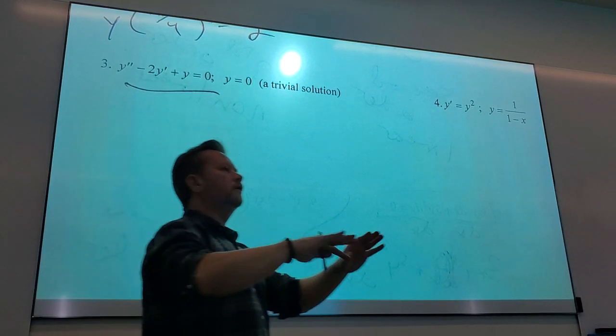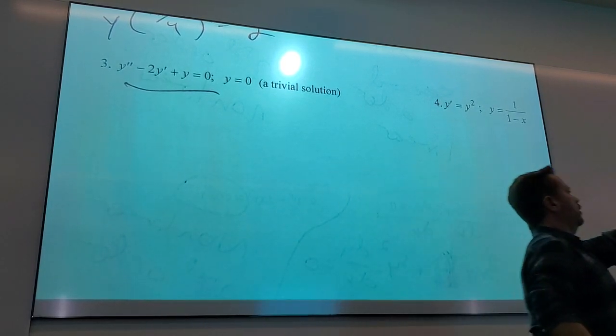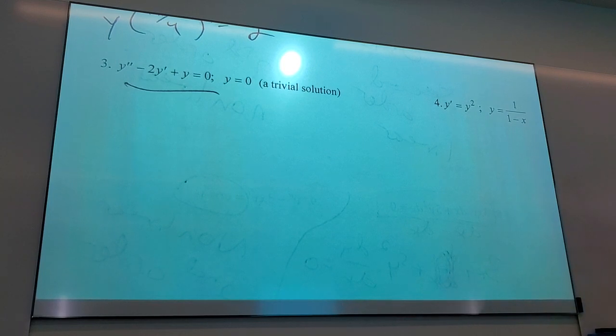So very often, our ODEs will have a particular solution. We saw some the other day, C1 sine x plus C2 cosine x, right? That would actually capture the trivial solution. There could be a trivial solution of 0, and there could be a trivial solution of 1, and so forth. So let me make one little change here.